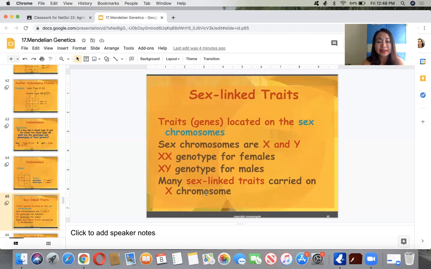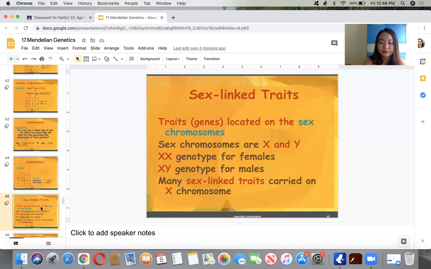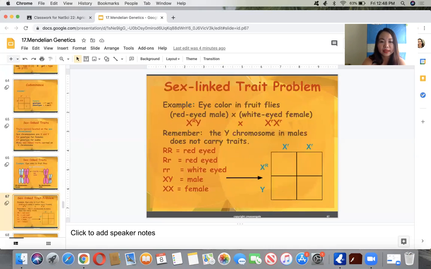And many sex-linked traits are carried on the X chromosome. So an example is eye color in fruit flies. The sex chromosomes are XX for the female and XY for the male.